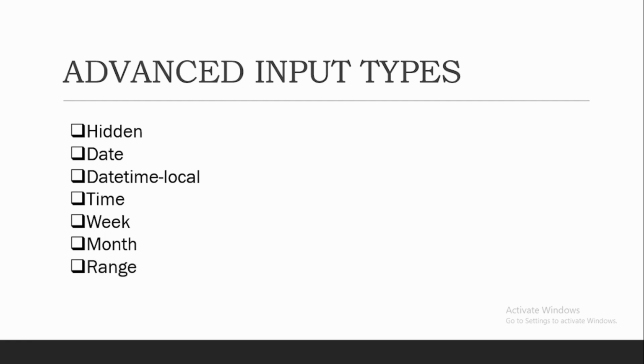Then we have the range input type, which is used to display a range widget for specifying a number between two values. Meaning that here we are going to specify the min and the max. Then we have the search input type, which is used to define a text field for entering a search query.